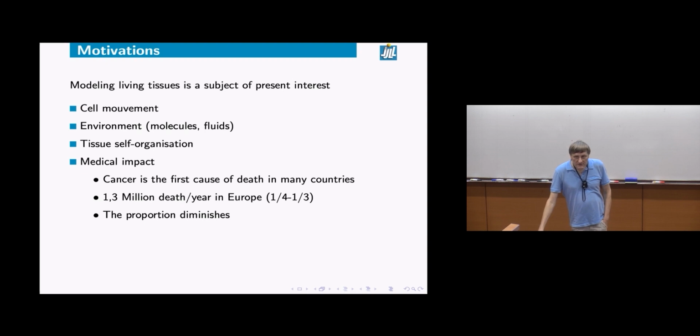So this represents between 1/4 and 1/3 of the death causes, the second one being disease related to heart and blood vessels.